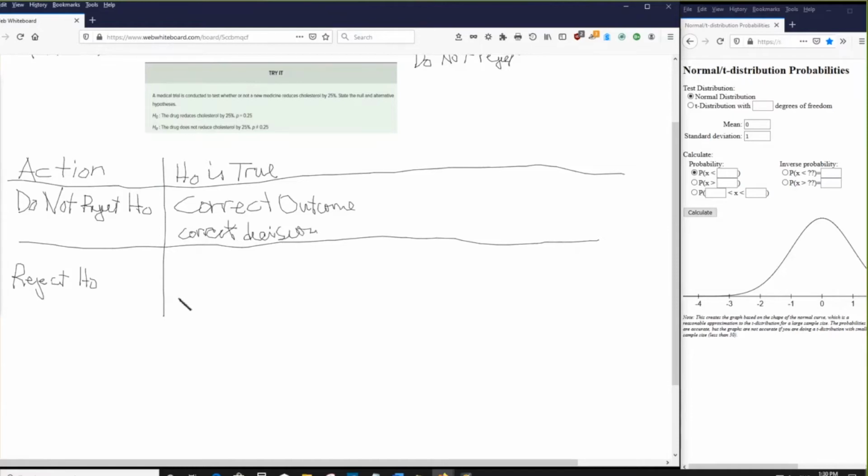But if I choose to reject the null hypothesis and the null hypothesis is actually true, then I have made what is called a type 1 error. This is when I've made an incorrect decision.